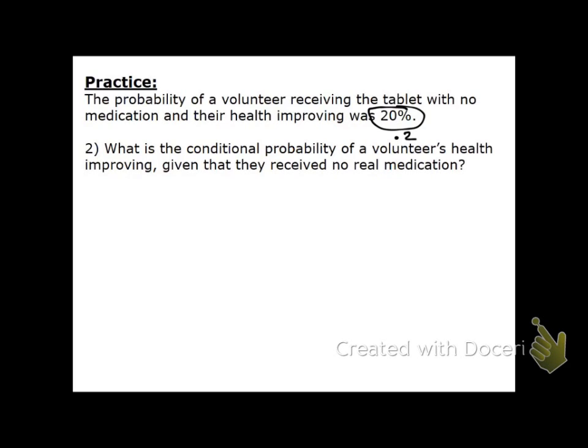So once again, we're looking for the probability of B given A, such that we're looking for the probability of their health improving given they received no real meds.